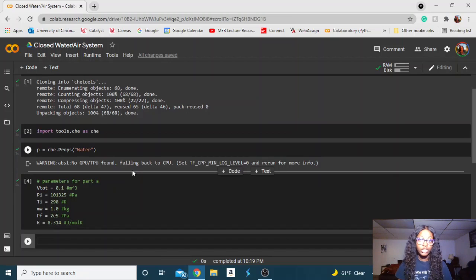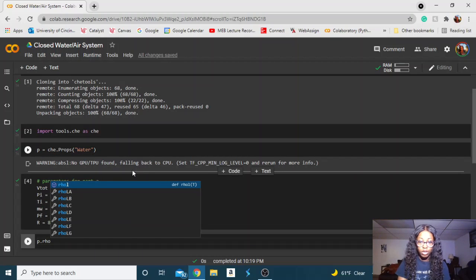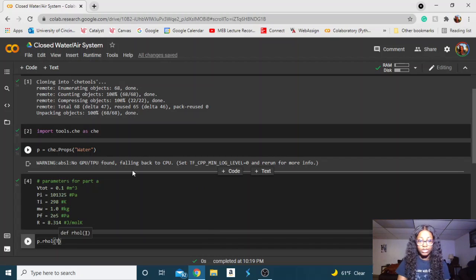So another really important thing that we want to do is calculate the density of liquid water. And to do that, I will do P dot rho L, rho being the variable for density, and L meaning that we want the density for the liquid state of our compound. And we want to find that density of the liquid state at the initial temperature.